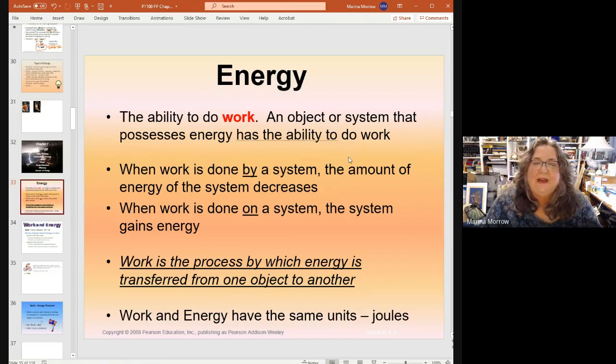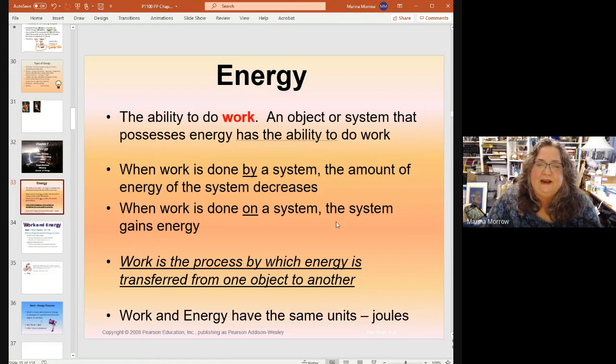Another type of system might be your automobile again. It does work, and so the gasoline has been turned into force, and maybe you're pulling a trailer, and it does work on that trailer, and so the amount of energy that's available in the system decreases.